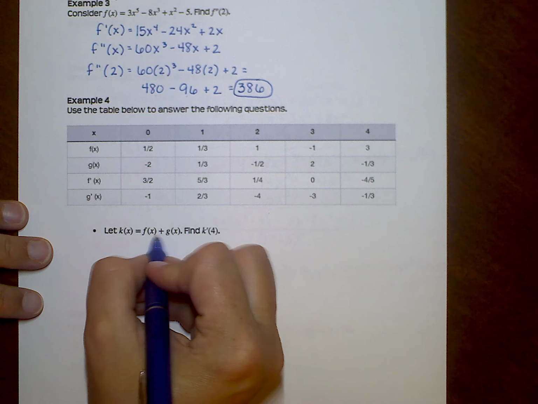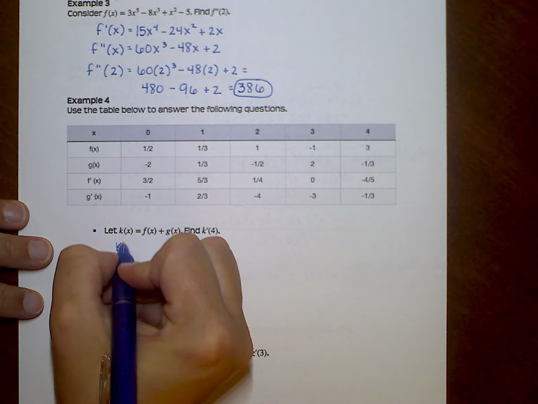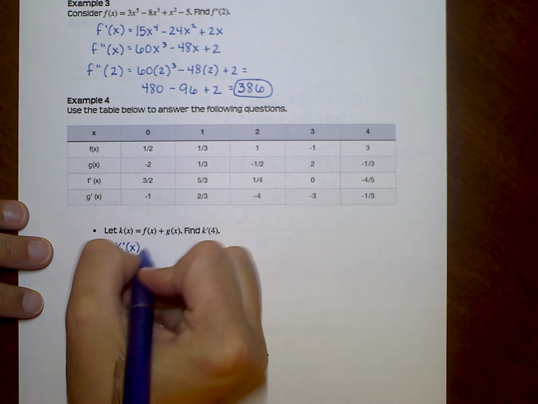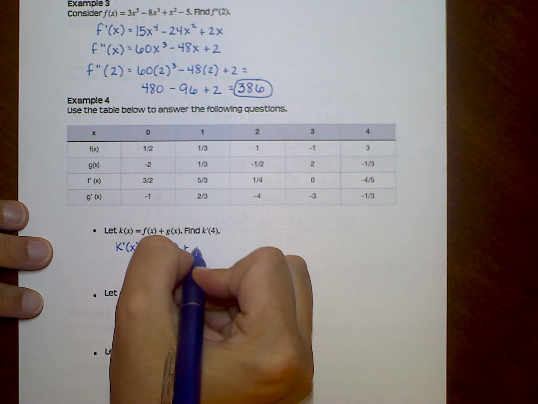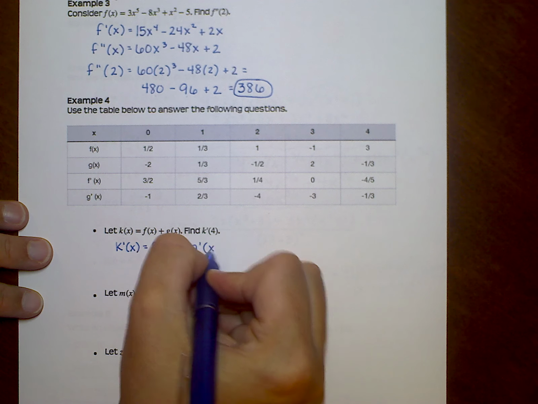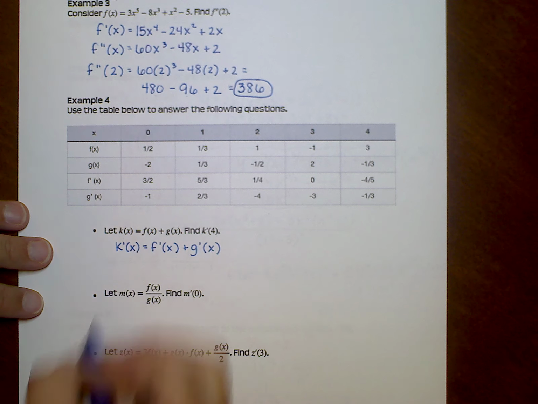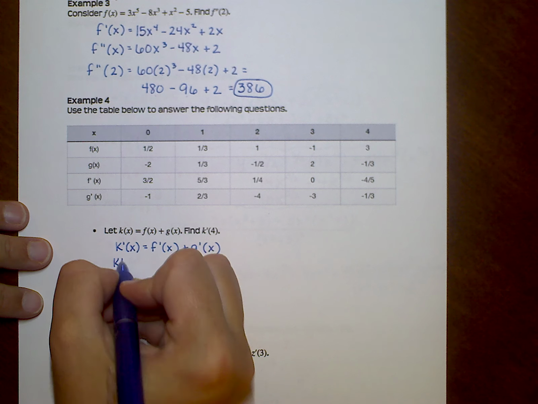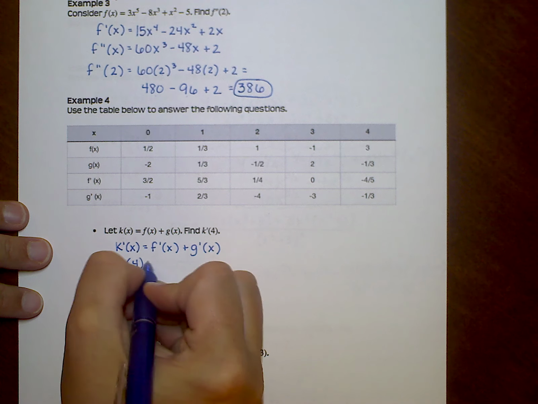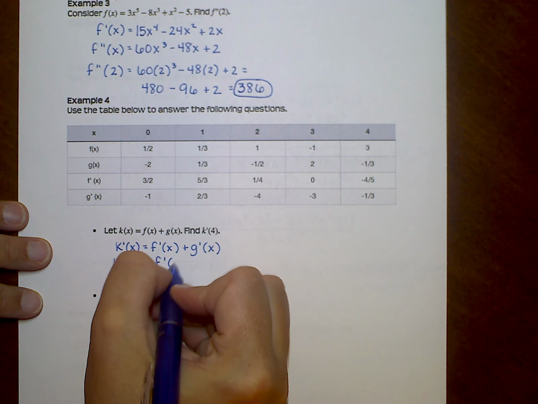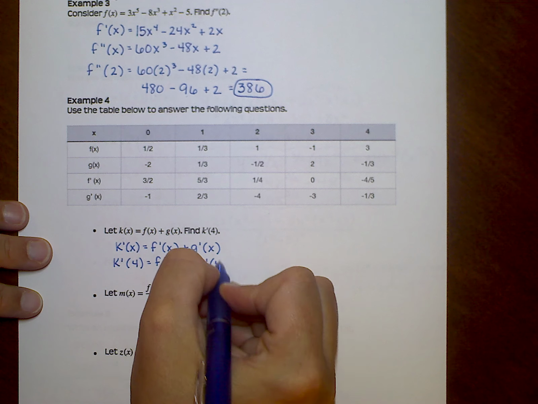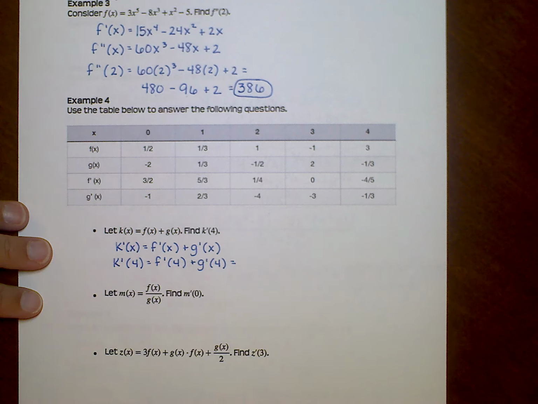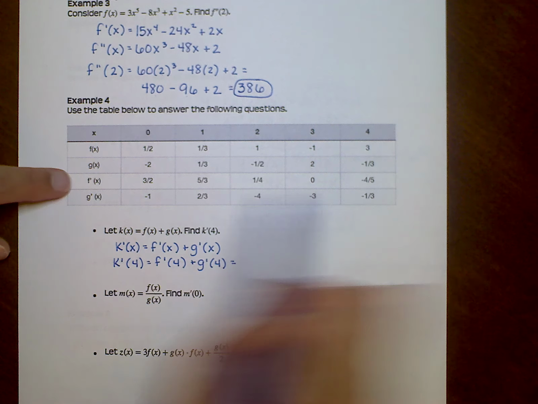Well, if this is addition in here, k prime of x is really just f prime of x plus g prime of x. Okay? And so if I want k prime of 4, that means I'm doing f prime of 4 plus g prime of 4. And I have actual numbers for those. So f prime of 4, I'm just reading.